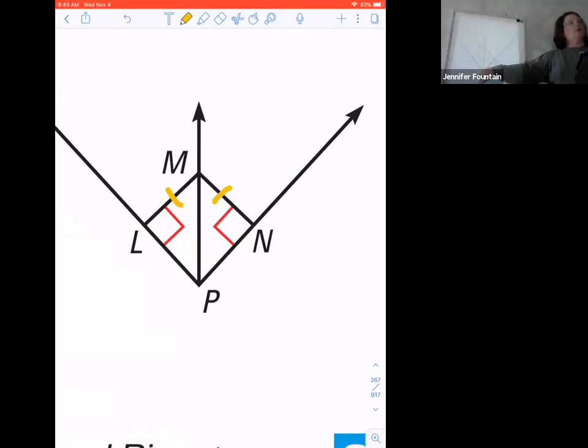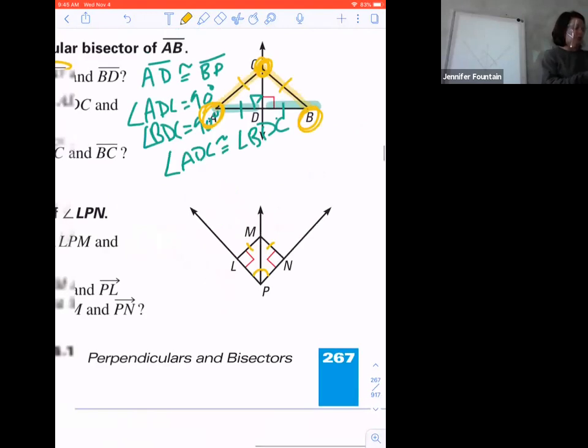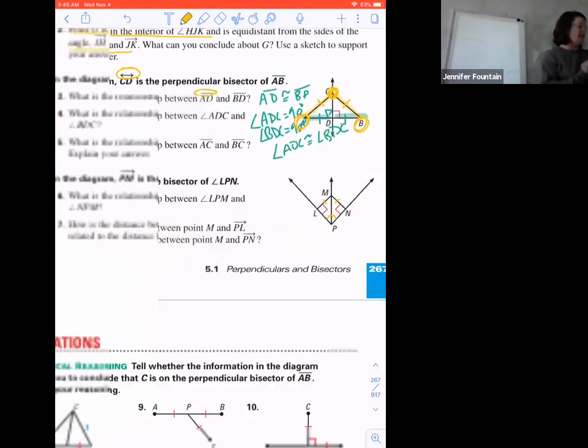So what does that mean about these two angles? They're equal, they are congruent. They're going to be the same measure because it's a bisector. And I automatically know these sides are congruent because my point M is equidistant to either side. I know that my angles are going to be congruent because they've been cut in half because it's an angle bisector. So let's look at the questions they ask us.